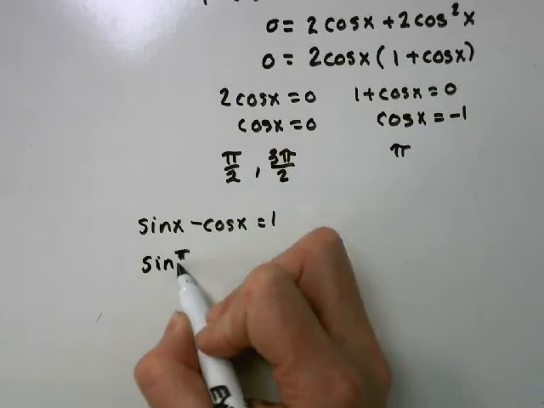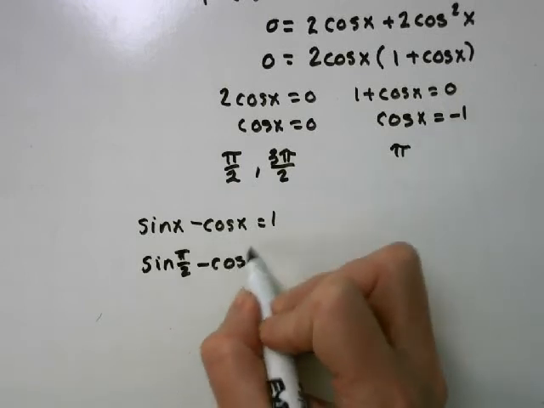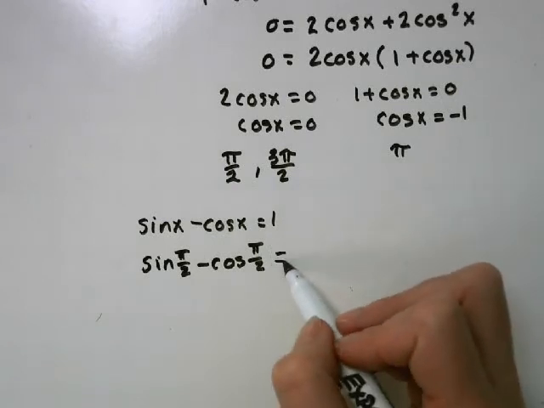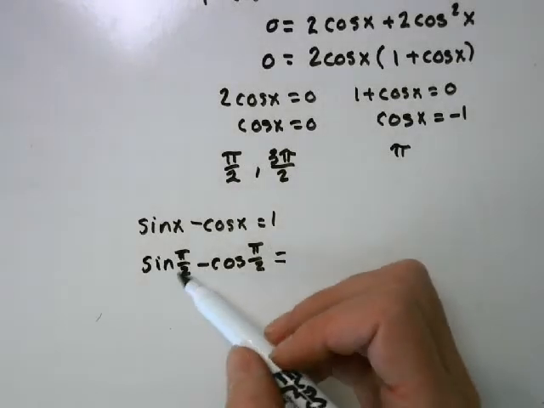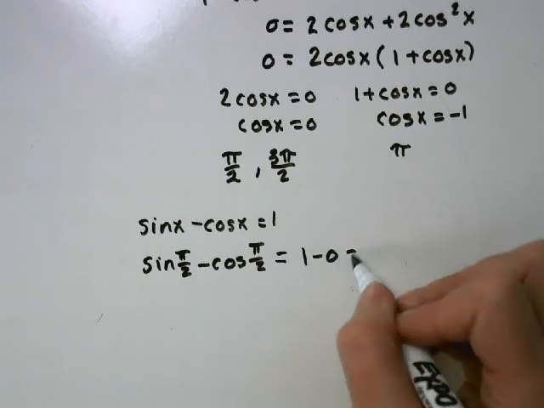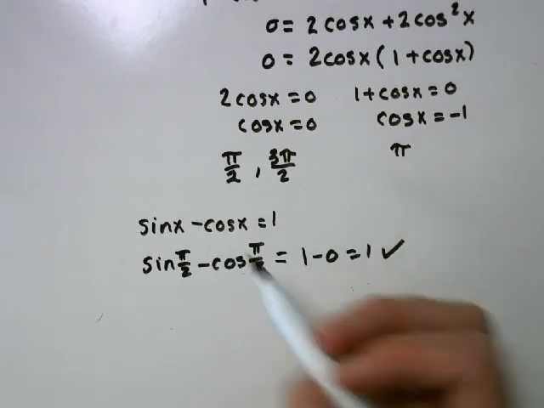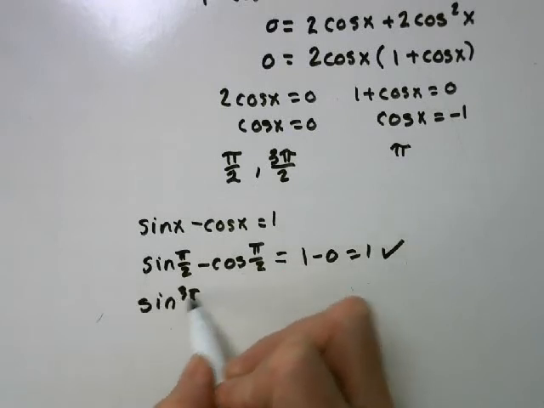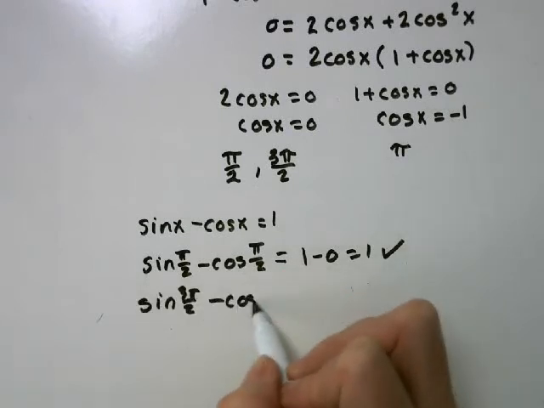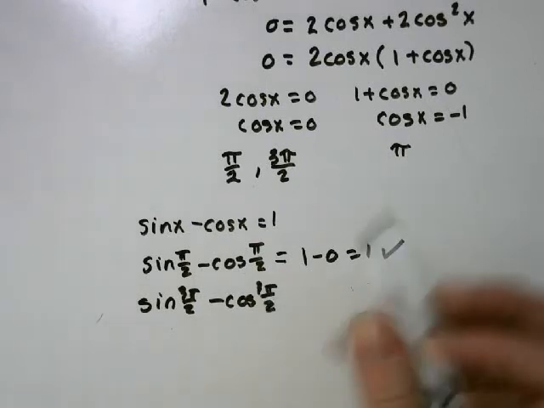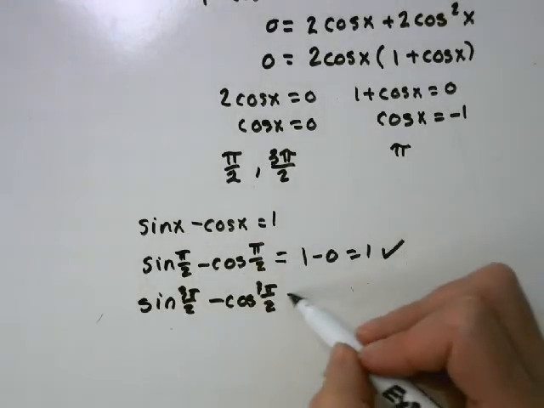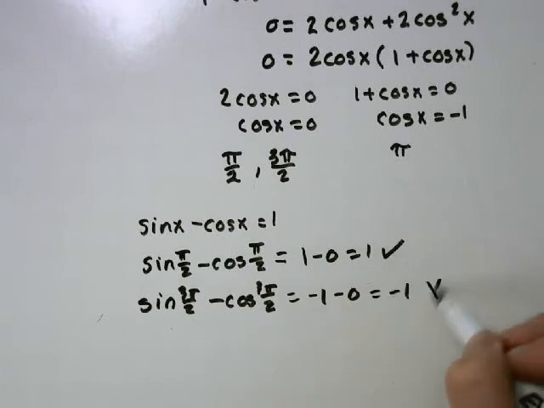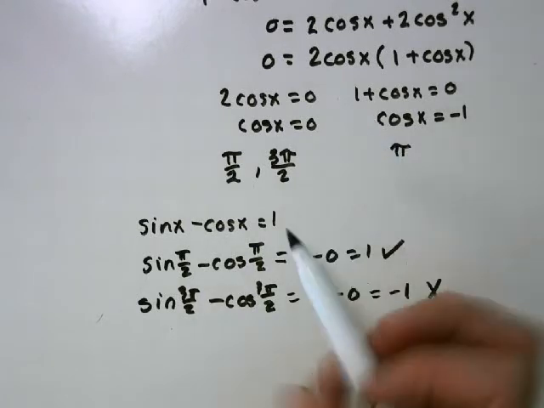So sine of pi over 2 minus cosine pi over 2. That's going to be 1 minus 0, which is 1. So that one works. If I plug in 3 pi over 2, sine of 3 pi over 2 minus cosine 3 pi over 2, sine is going to be a negative 1 minus 0, which is negative 1, which does not work.